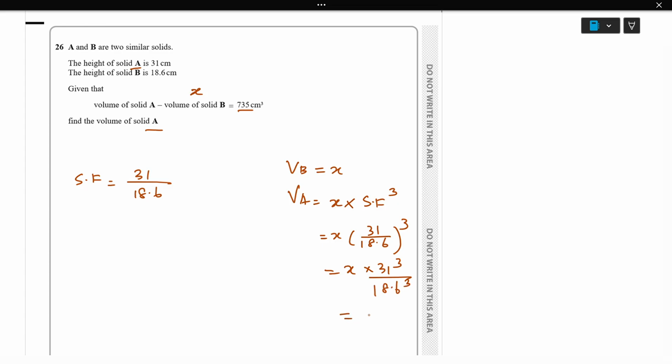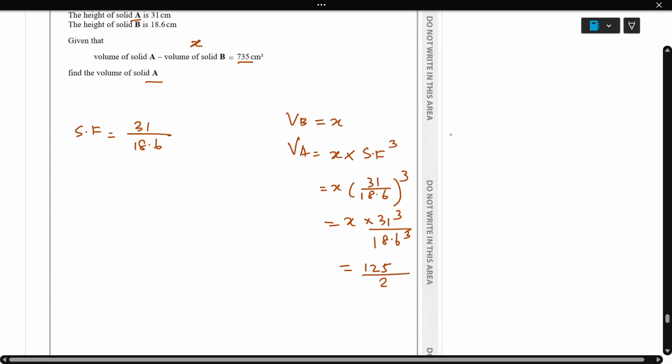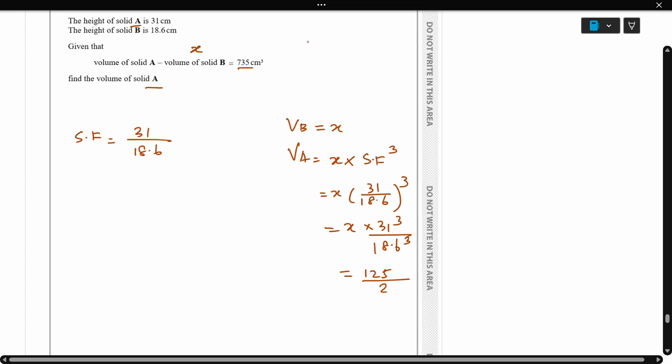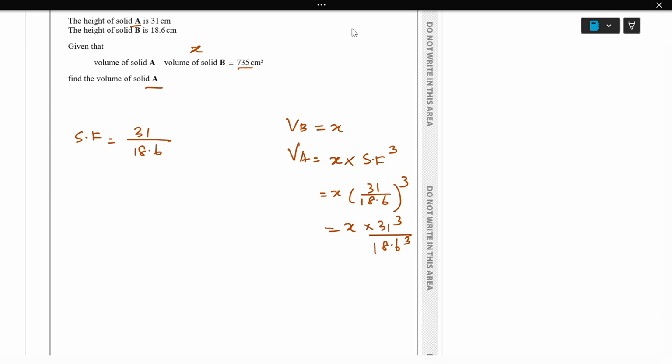Just calculate using a calculator, type 31 cube by 18.6 cube.